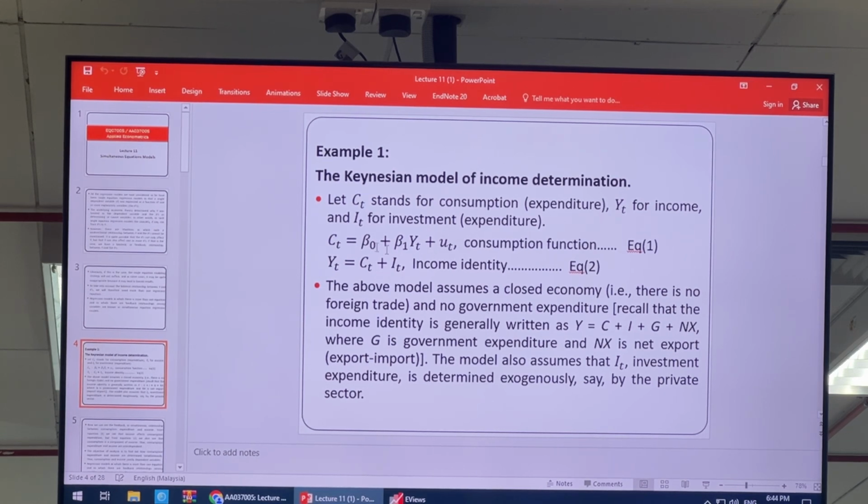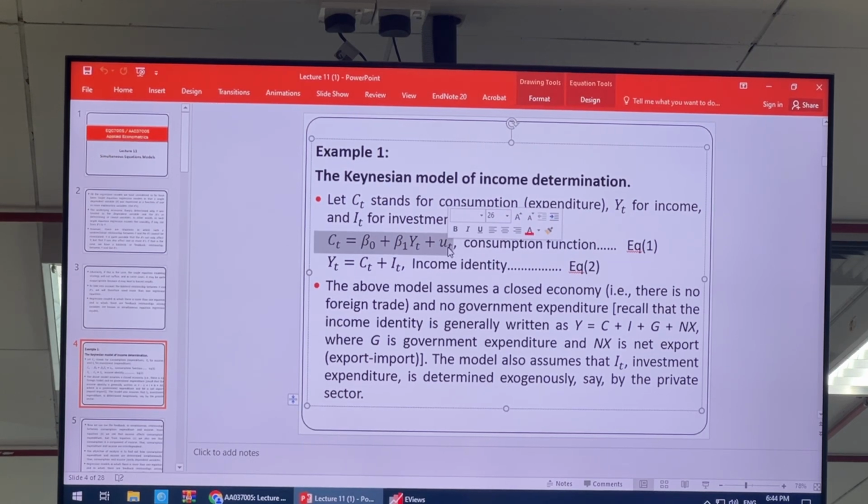Meaning that this one is exactly identified. So there are three possible outcomes. Let's say we have a simultaneous equation, and we want to estimate the parameters for each equation. Whether or not we are able to estimate depends on the category of the equation. So there are three possible outcomes.